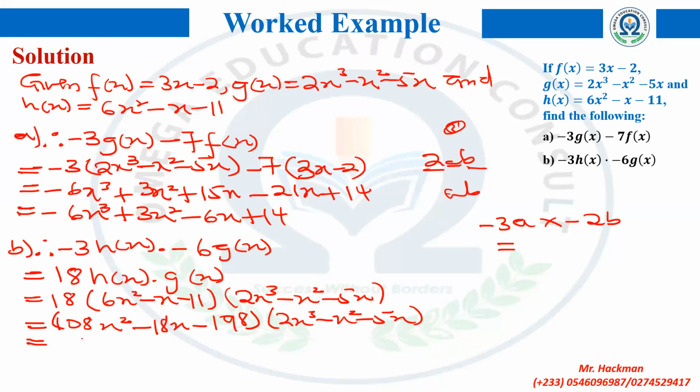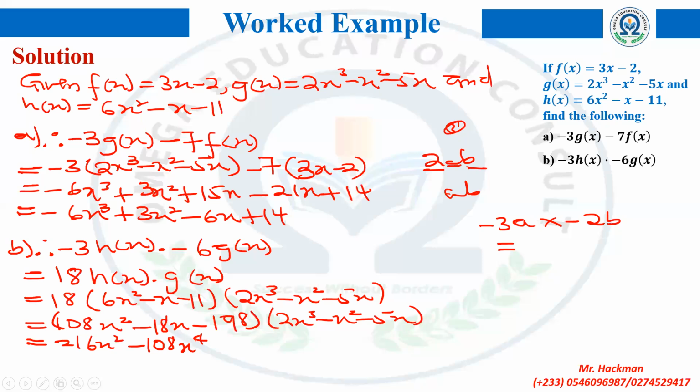So 108 times 2. 216. Come again. 216. Okay, so 216 x squared. Then 108 times, so we are going to get what? Minus 108 x to the power 4. Is that clear?